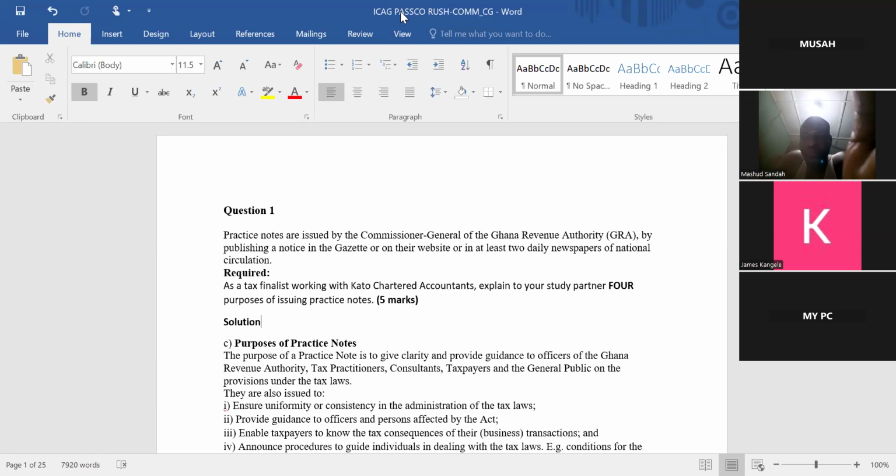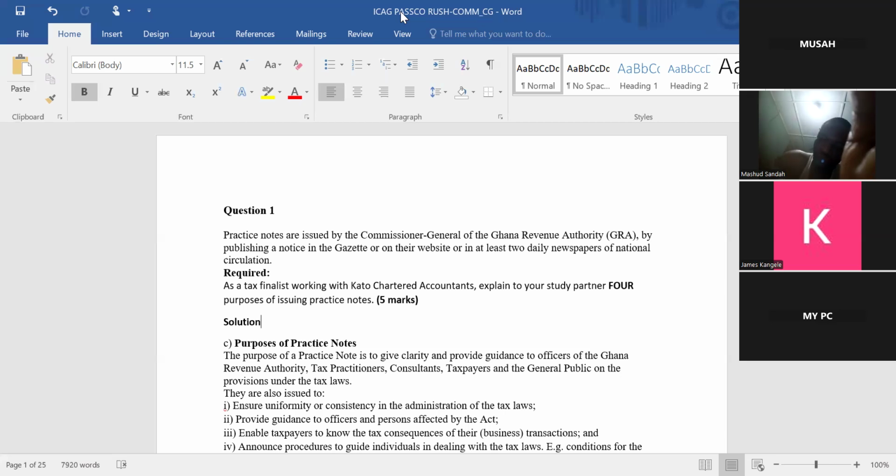Now, there are instances where the examiner has asked students to explain what is a practice note, what is a class ruling, what is a private ruling. These are administrative tools. Practice notes are notes issued by the Commissioner General, who is mandated by the Revenue Administration Act 2016, Act 915, to issue practice notes every year.